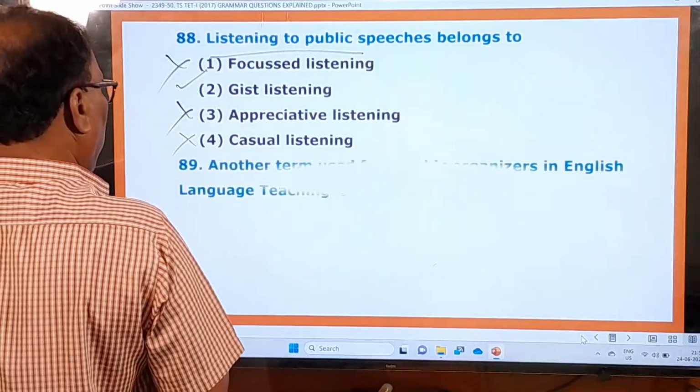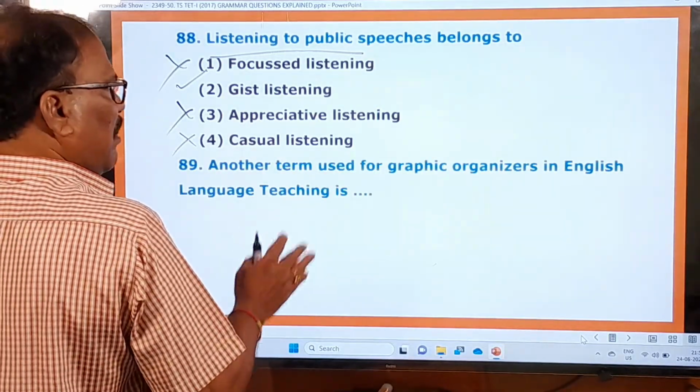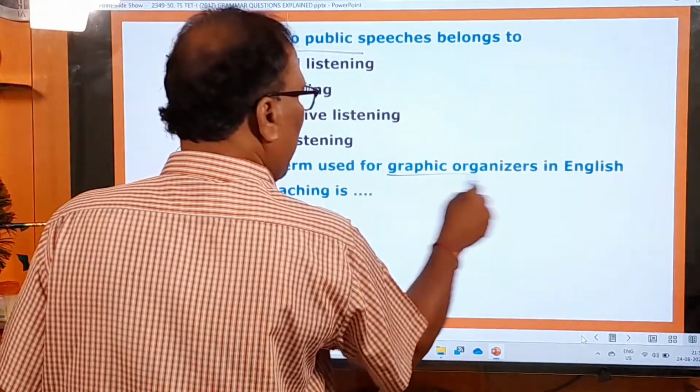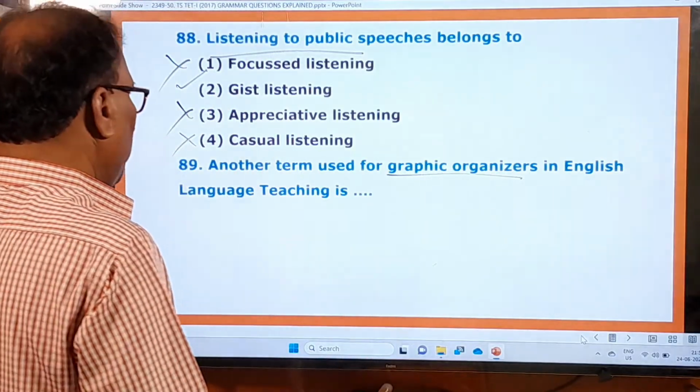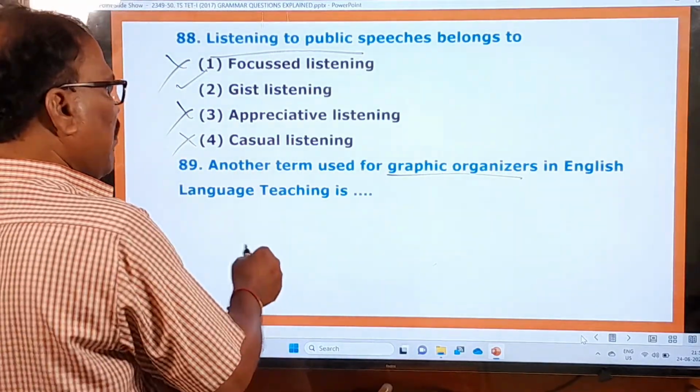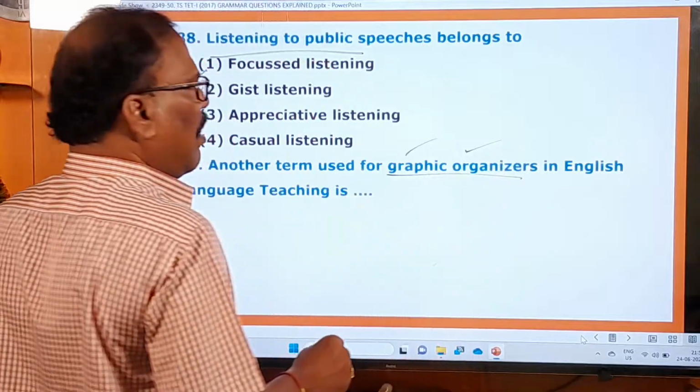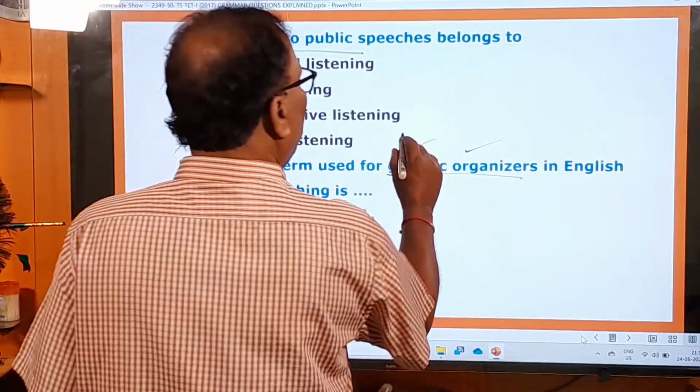And you go to the 89th one, the last but one. Another term used for graphic organizers in English language teaching is... Graphic organizers mean visual tools.